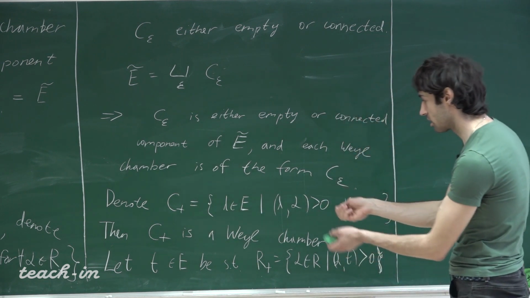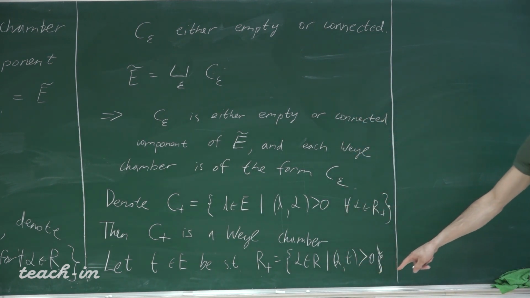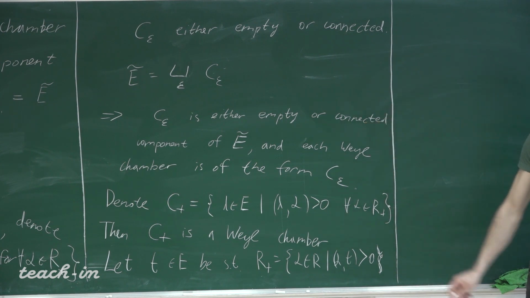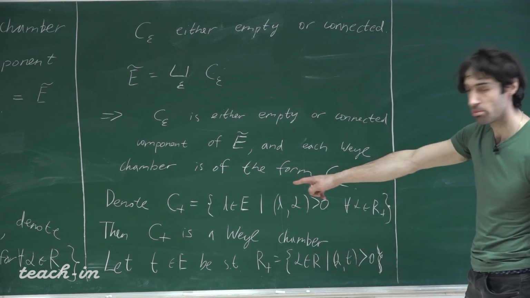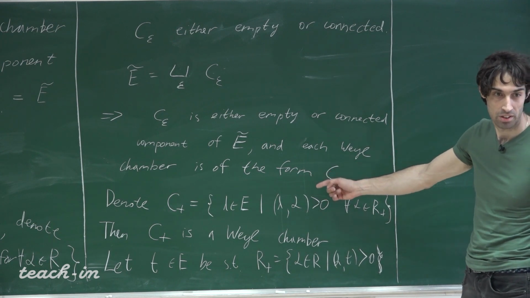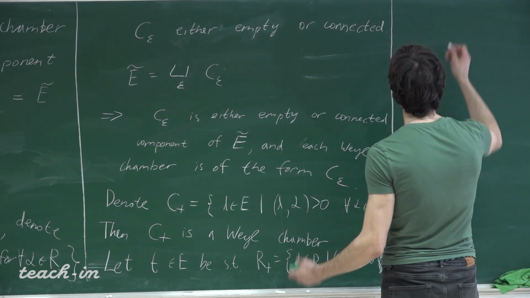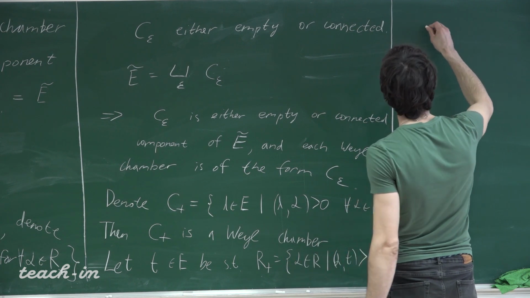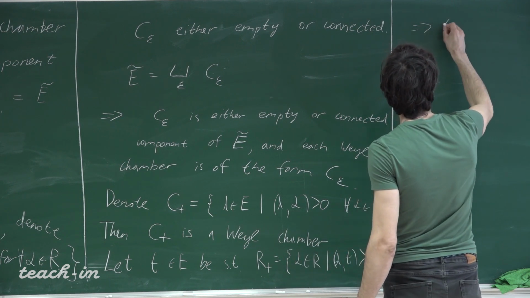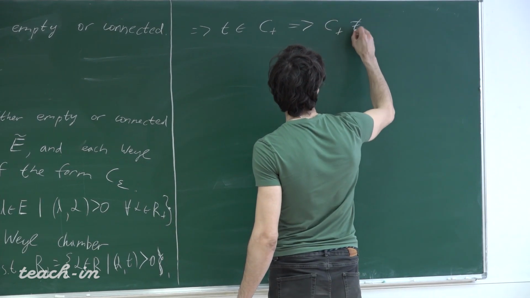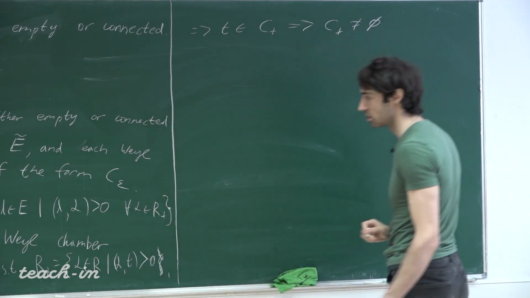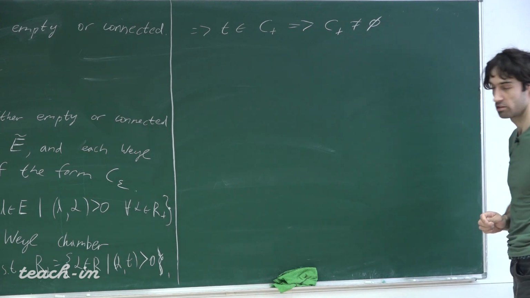So let T be a regular element defining the polarization that I fixed. Then T belongs to C plus for trivial reasons, just from what's written. Therefore C plus is not empty, so it's a Weyl chamber.